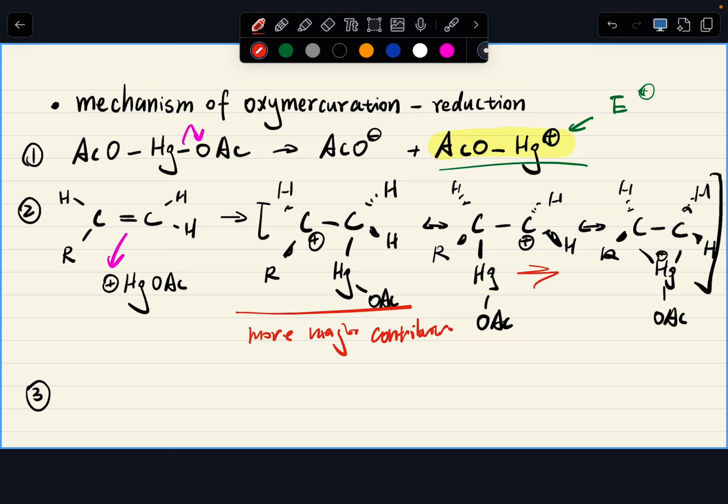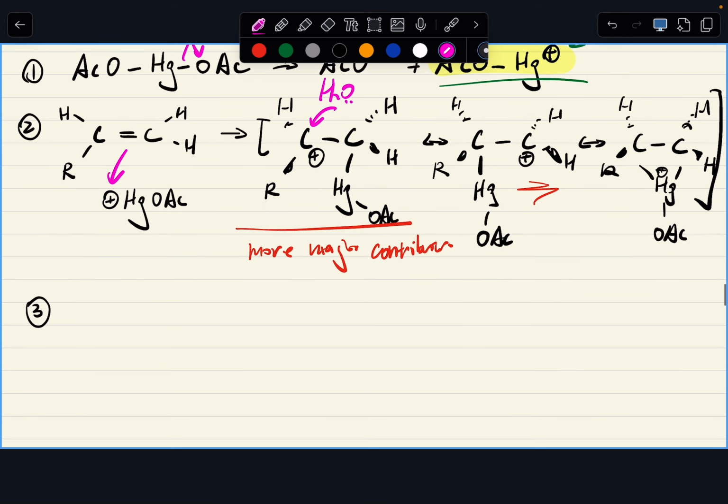And this one is a minor contributor, with the carbocation on a primary carbon. So when my H2O comes to attack the carbocation, that goes from the opposite face from where my mercury is.